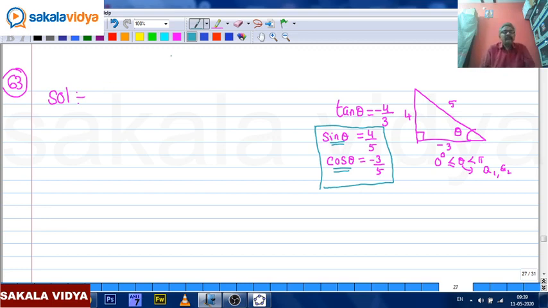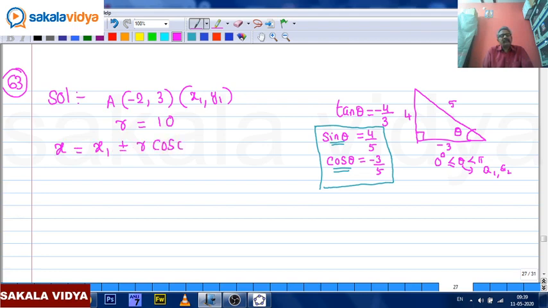Now let us come to the problem. A's coordinates are minus 2 comma 3. Say this is x1 comma y1, and we need the points which are at a distance of 10 units. R is equal to 10 units, and we know sin theta and cos theta. Parametric equations: x is equal to x1 plus or minus r cos theta. So substitute: minus 2 plus or minus r, where r is 10, cos theta is minus 3 by 5.